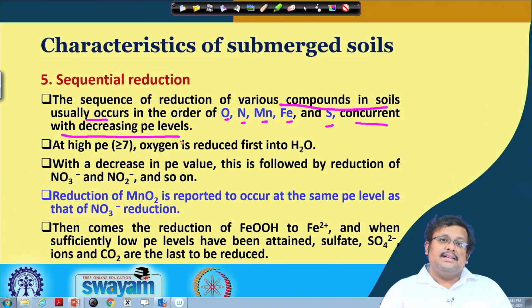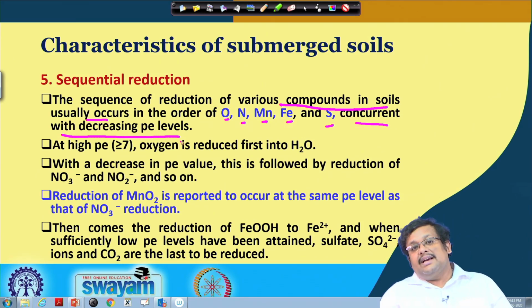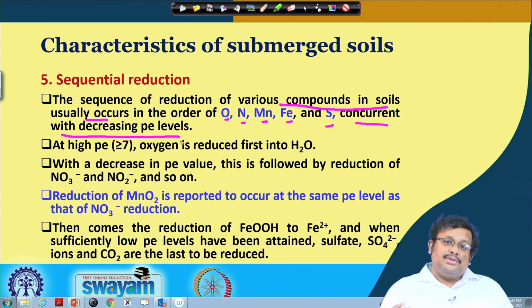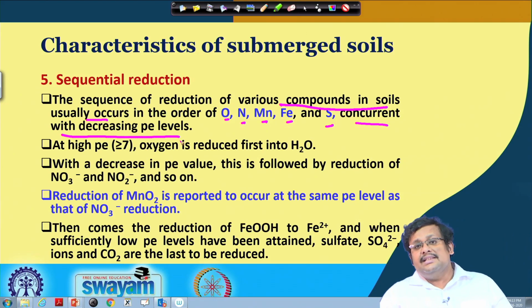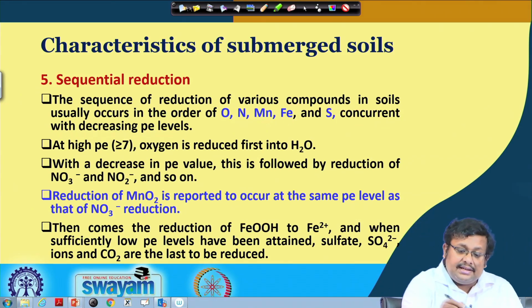And then comes the reduction of Fe(OH)3 to ferrous Fe2+, and when sufficiently low pE levels have been attained, then we can see the reduction of sulfate ions and carbon dioxide. These are the last couple of ions or compounds which get reduced when there is a decreasing pE or redox potential.